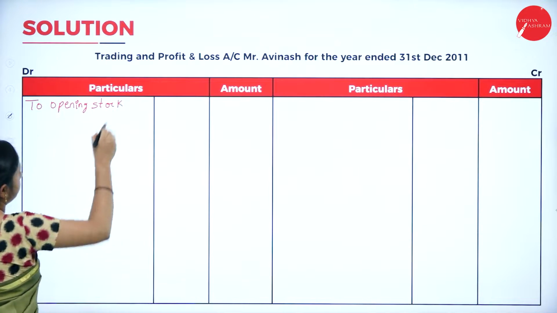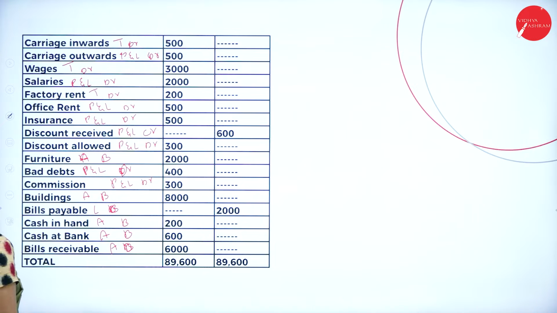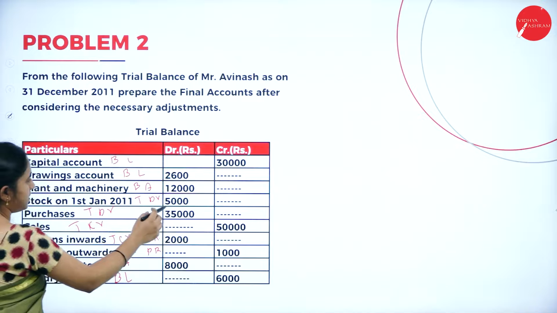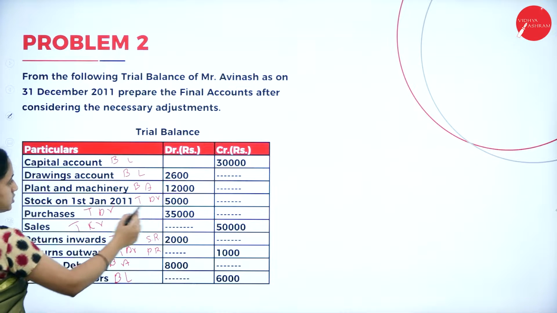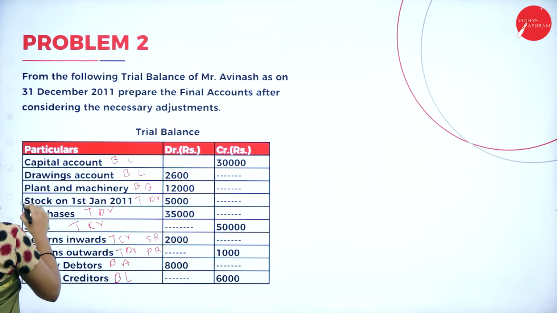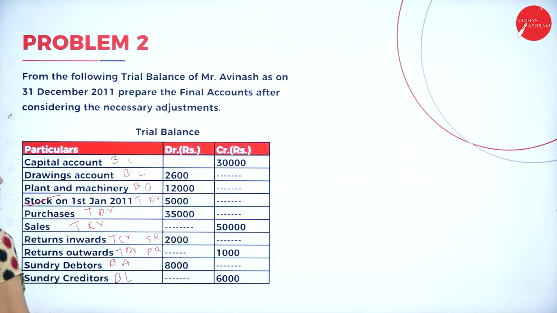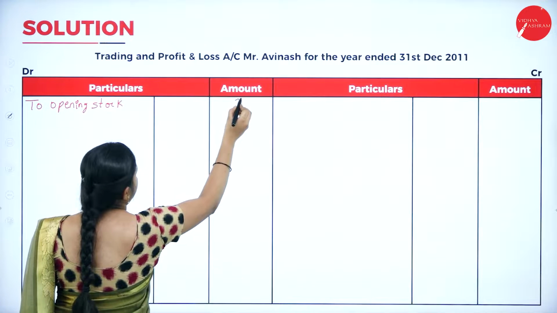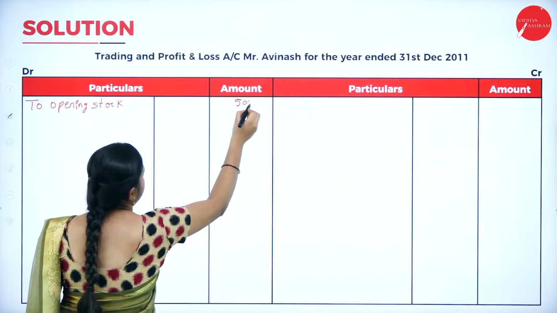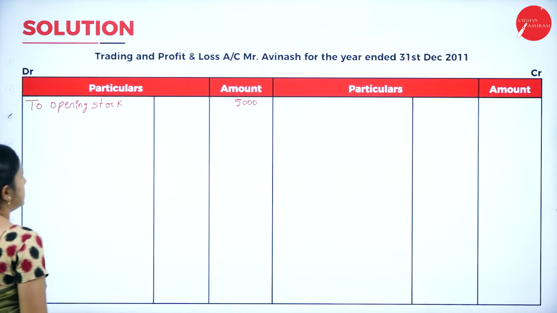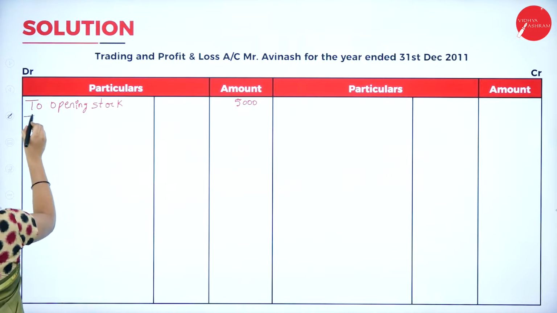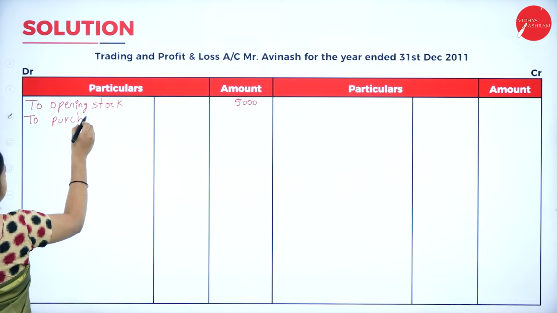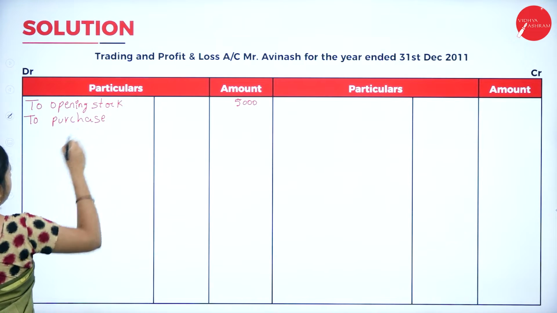In the trading account, first you will get opening stock. Stock on 1st January 2011, that means opening stock 5,000. So tick mark 5,000 opening stock. And next, purchase.